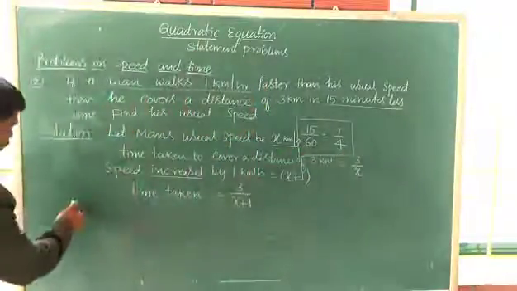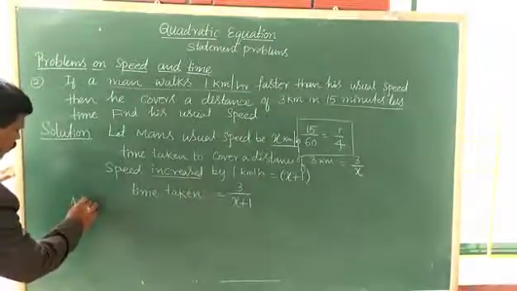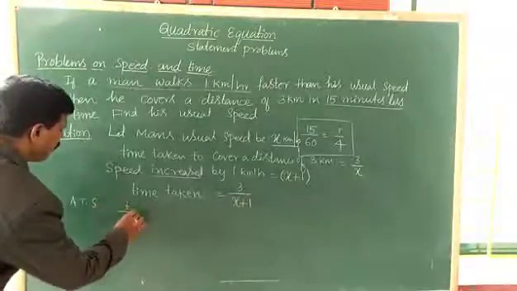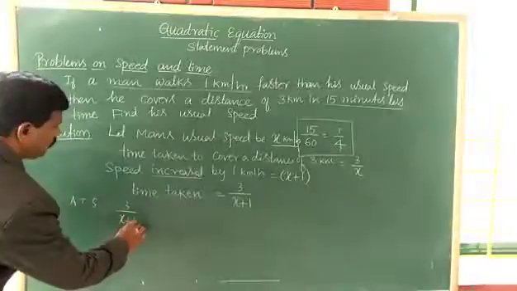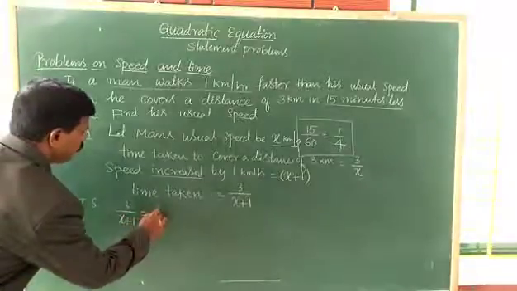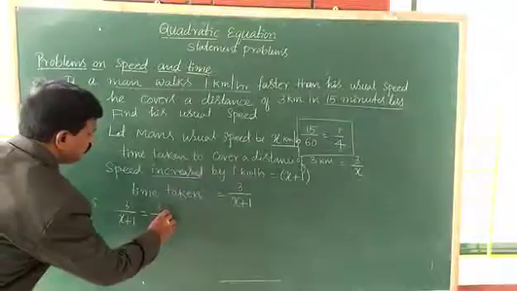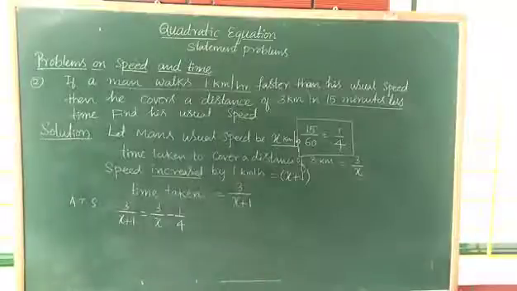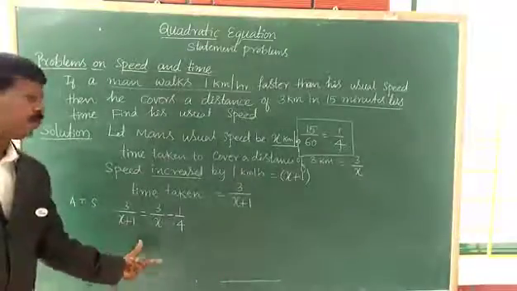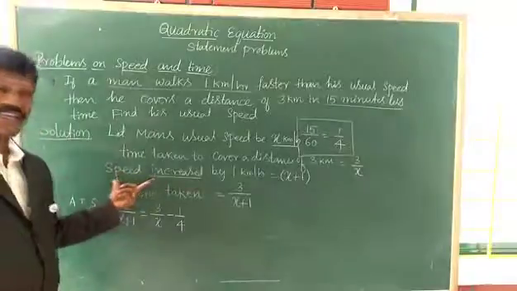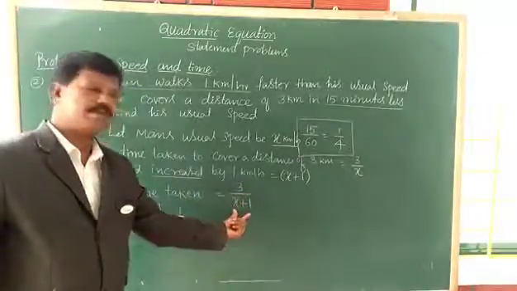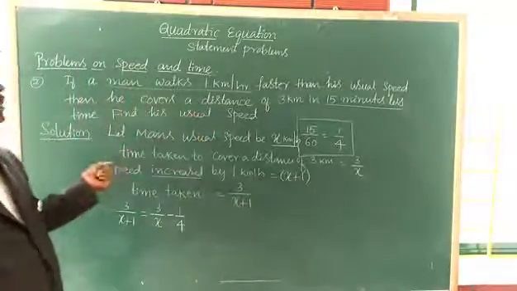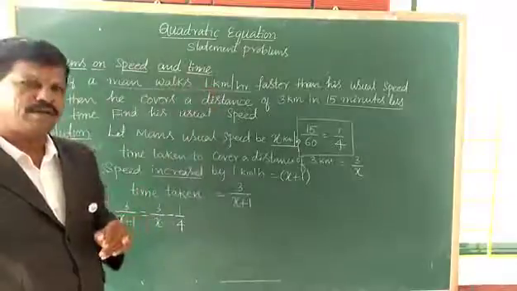So according to the statement, you can write 3 by x plus 1 is equal to 3 by x minus 1 by 4. So this is very, very important. When the speed is increased, the time taken is 3 by x plus 1. This time is 15 minutes less than the original one.